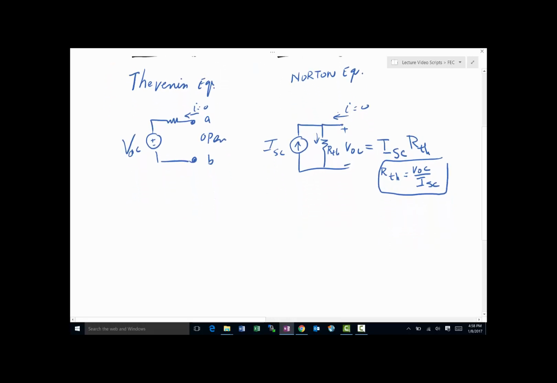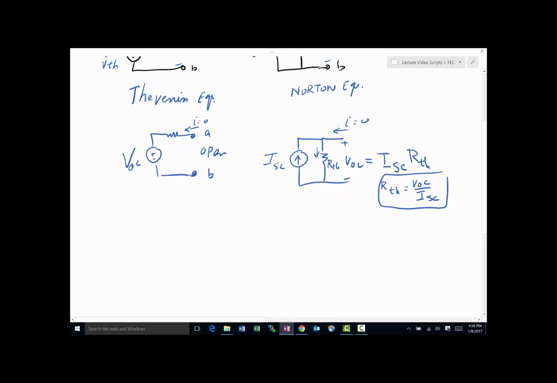Sometimes you may see this done a little bit differently. You could also say, okay, if I were to short A and B for the Norton equivalent, and then come over here and do the same thing for this one, if I'm shorting it, what is my V open?